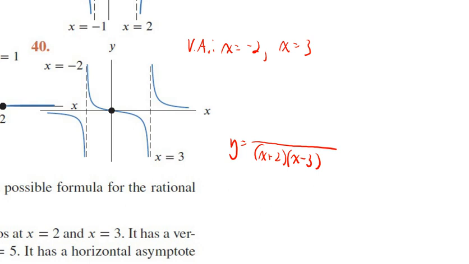Do I have a horizontal asymptote? Let's see if people are understanding what they're looking at. Yes. What is my horizontal asymptote? It is y equals 0.